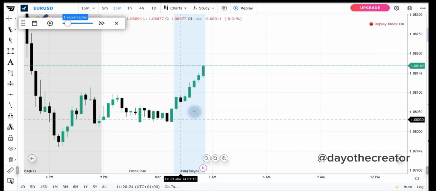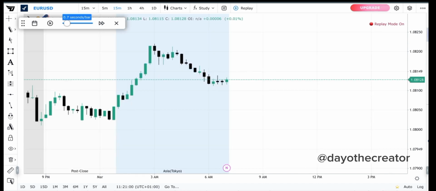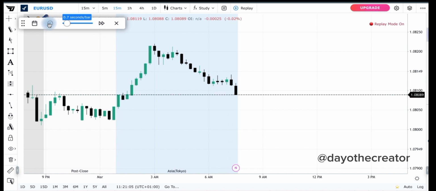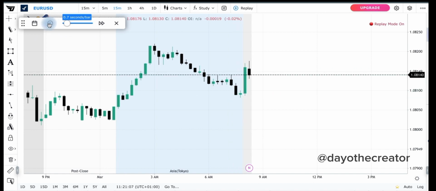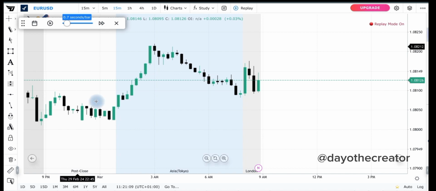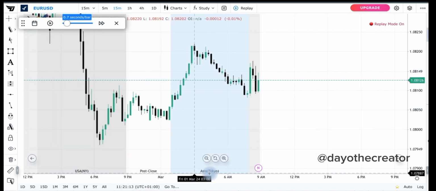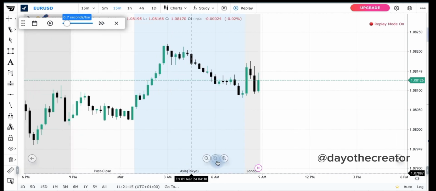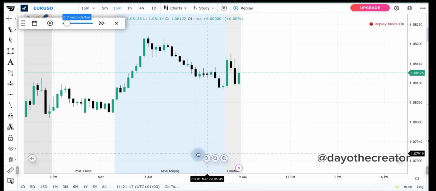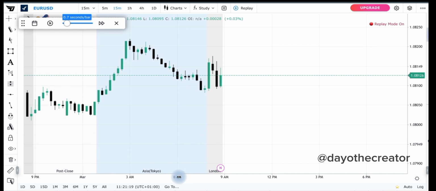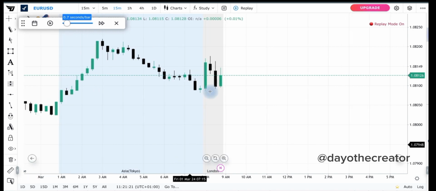So as you can see, this is Friday, and the Asian closed as a sell. Then a new day opened, and London opened, started with a buy, a huge buy.